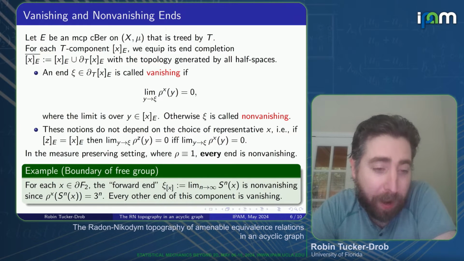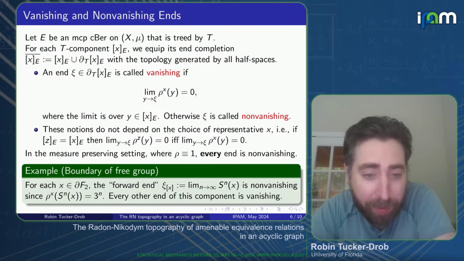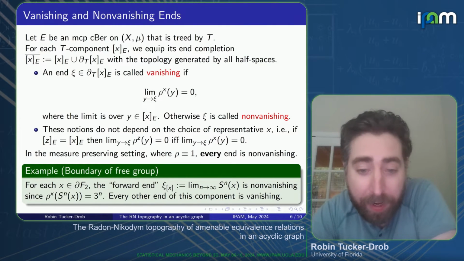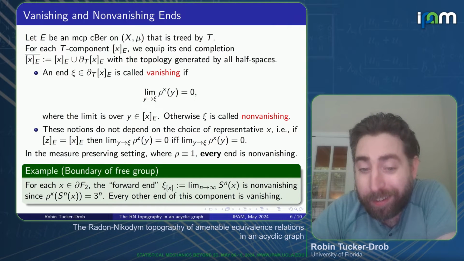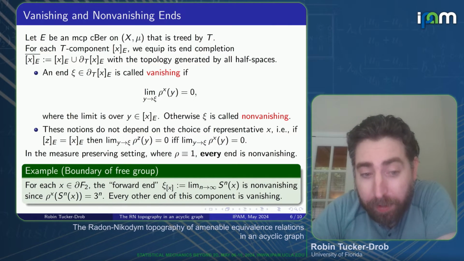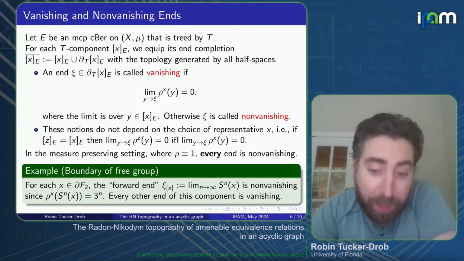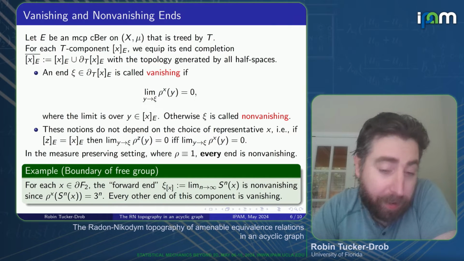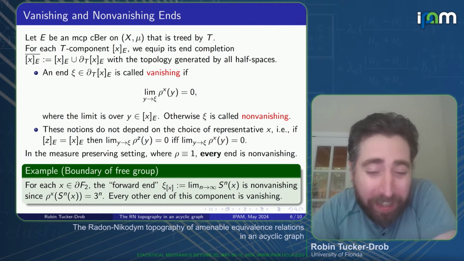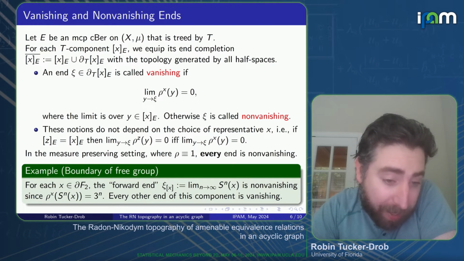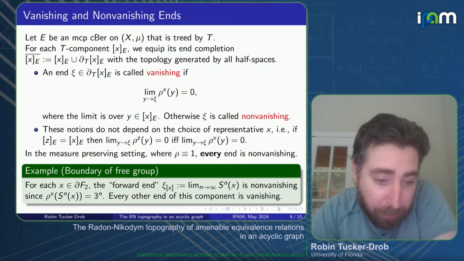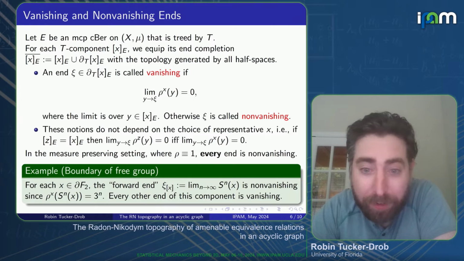So said differently, we said that if we have x and y in the same component, then I can find an m and an n such that s to the m of x equals s to the n of y. Well, once I fix my end, say eta, that's other than this forward end, then as long as I take a deep enough half space close enough to eta, the m for x won't be changing, but the n for all the y's in that half space will be at least like 1 million.